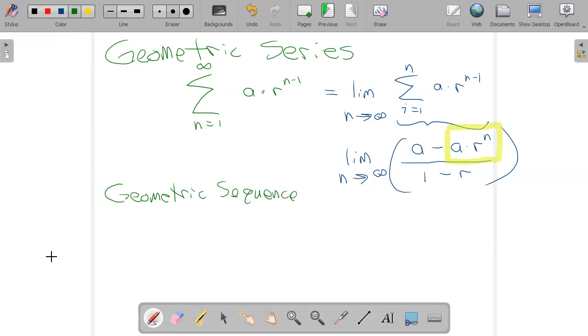What kinds of geometric sequences converge? So just looking at the limit as n increases of A times R to the n. N is my variable that's changing, A and R are fixed. So this boils down to what values of R lead to convergence.